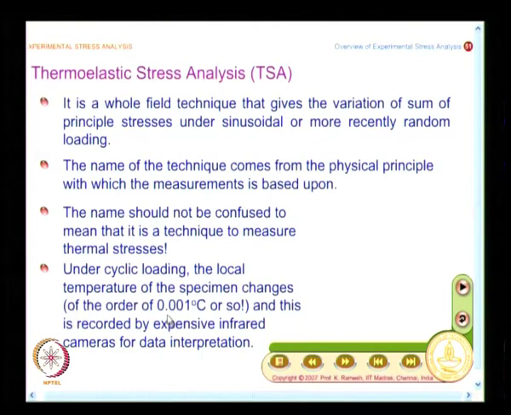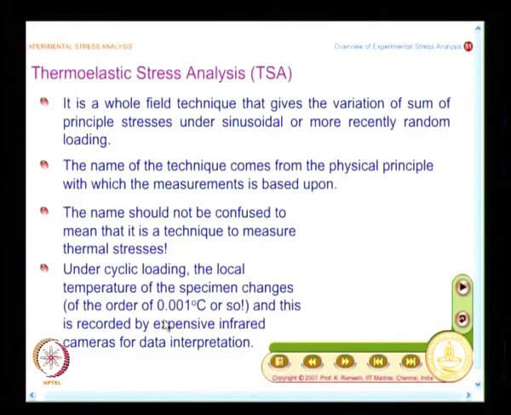While we looked at strain gauges, we were talking of micro strain, that is 10 power minus 6, a change in resistance or change in the strain. When you come to temperature, you are able to go only to the order of 10 power minus 3, but even this is very, very small.